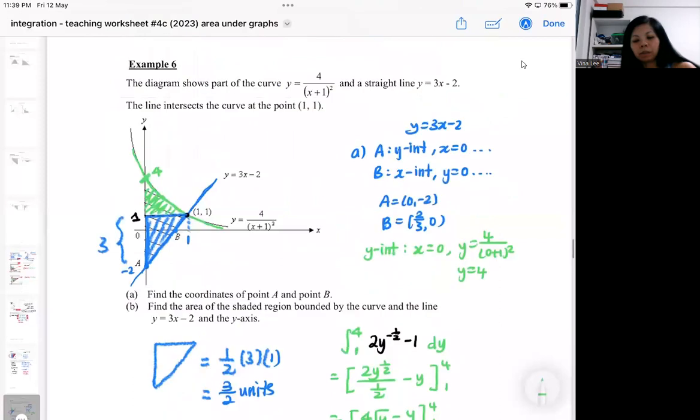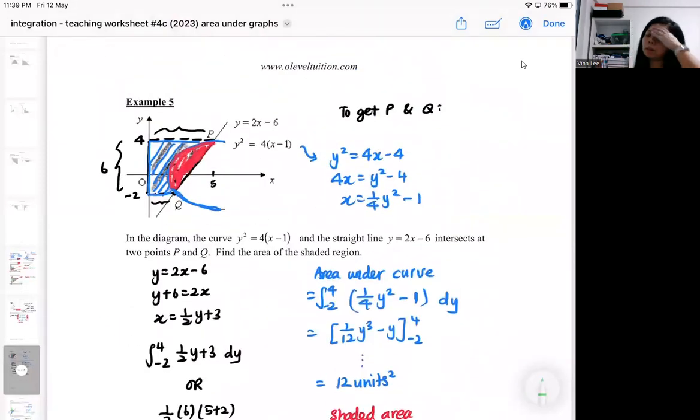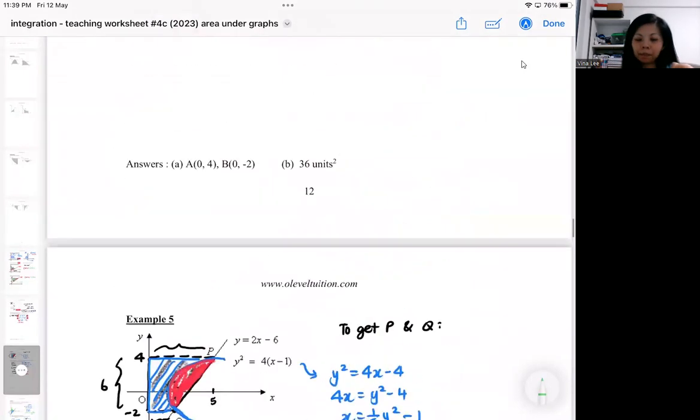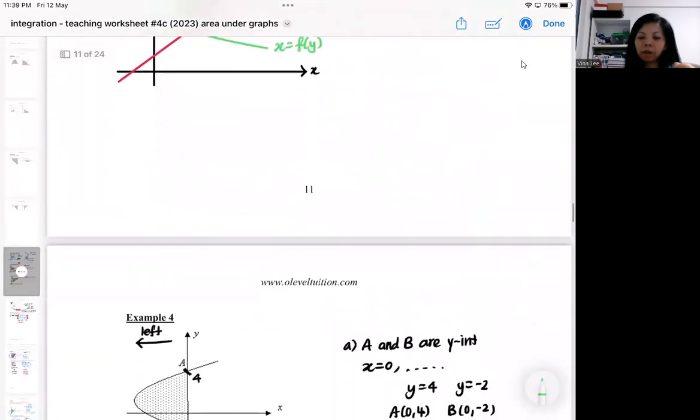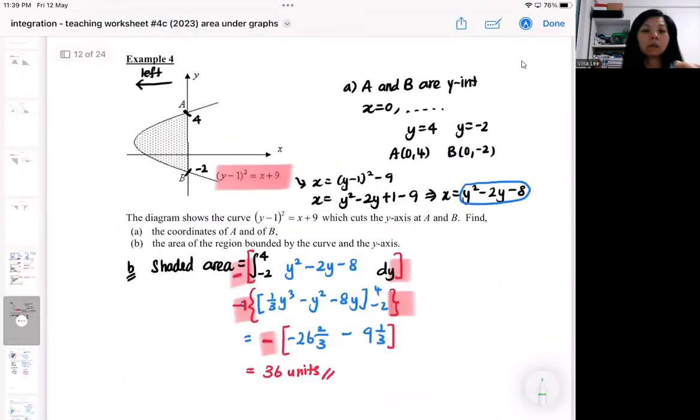So these 3 examples illustrate when you add, when you subtract, and the idea about making x the subject. Because you are using the y coordinate, that's why it's a dy. So the expression has to be in terms of y.